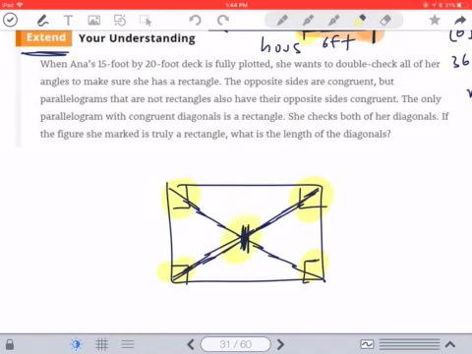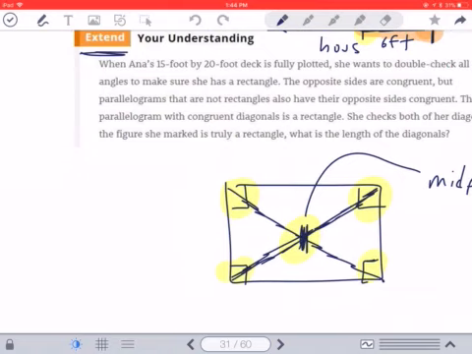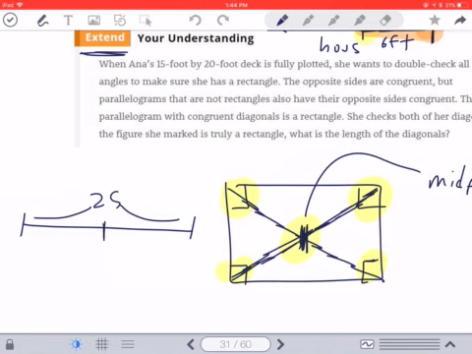If that is the midpoint right here, and if the midpoints intersect, then you can do that. And the way you would do that is you would just take your measuring tape, and if this was 25 feet, you would mark where 12.5 feet is for one diagonal, and you'd mark where 12.5 feet is for the other diagonal, and match those up.